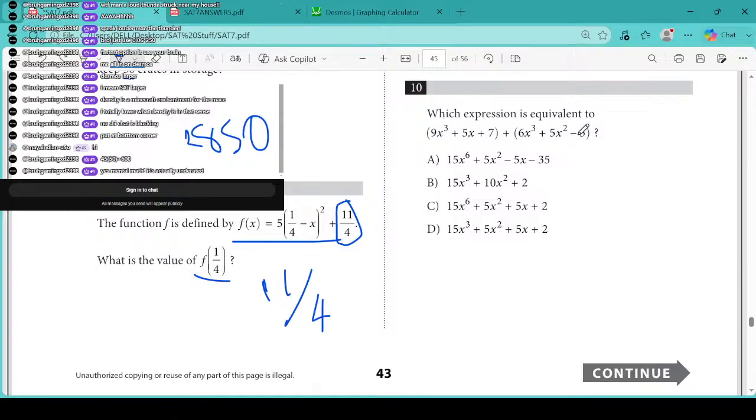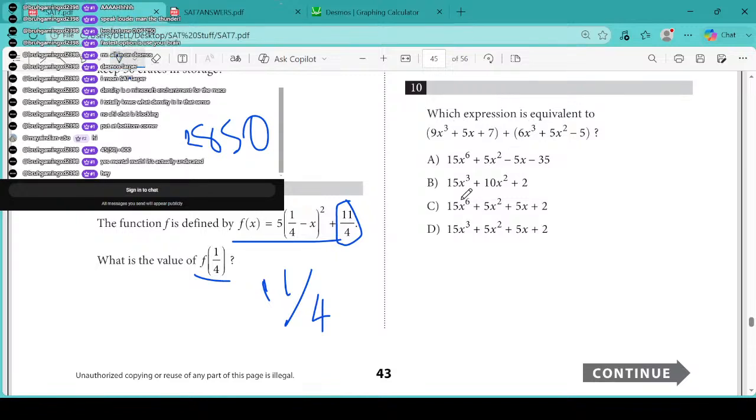So what type of question is this, man? It's a simple addition. Because it's addition, just drop the parentheses, right? If it's subtraction, you need to be careful about dropping the parentheses because all the signs inside are going to be inverted. But because it's addition, just drop the parentheses and do mental math. 9 plus 6 is 15.